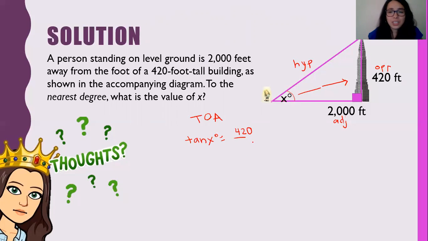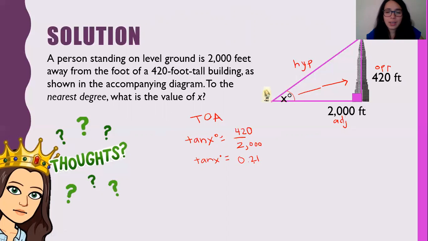Adjacent is 2000. Aren't you going to divide? So I'm going to leave this side the same for now, but I'm going to go into my calculator and type in 420 divided by 2000.